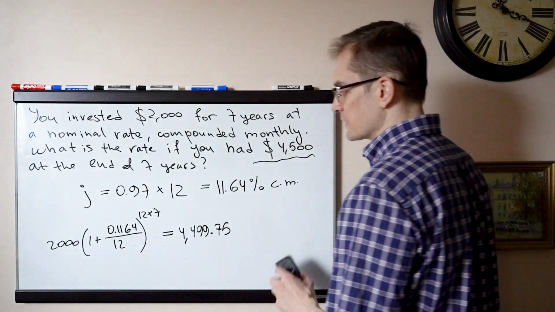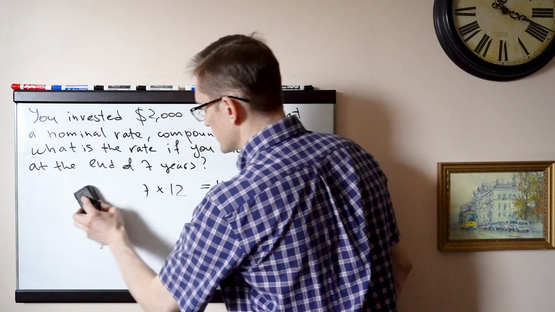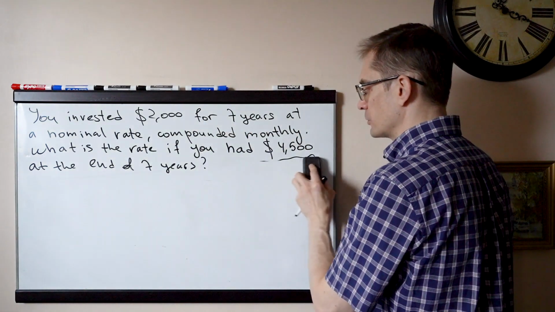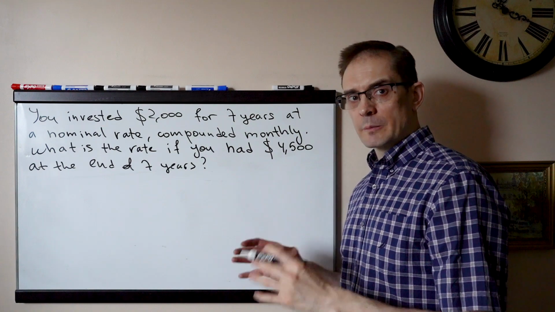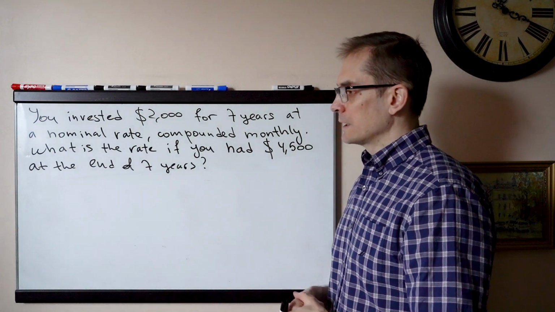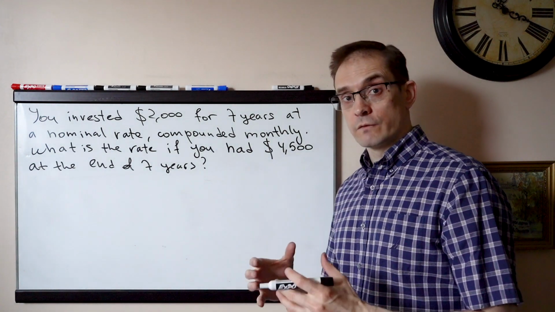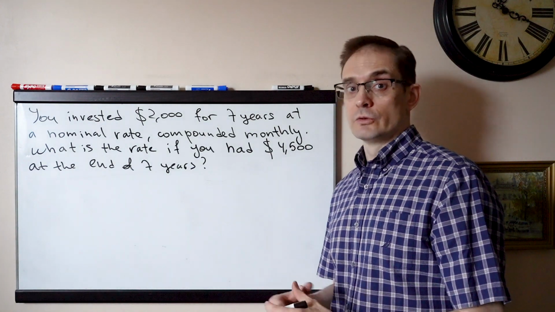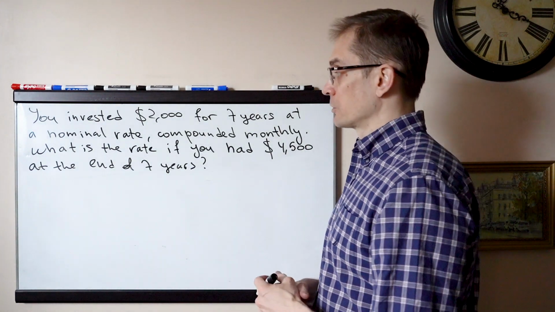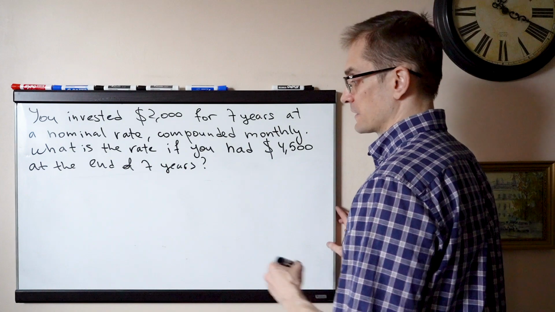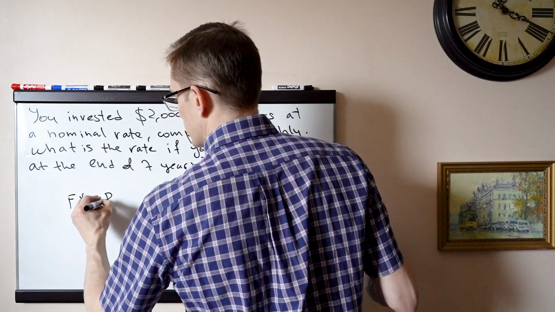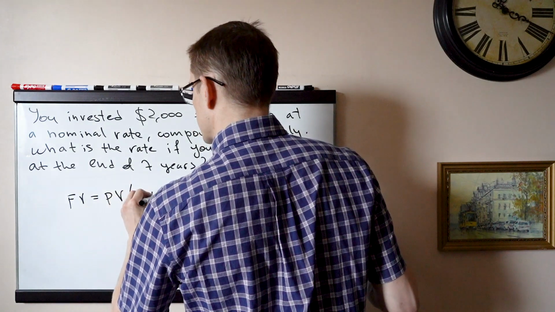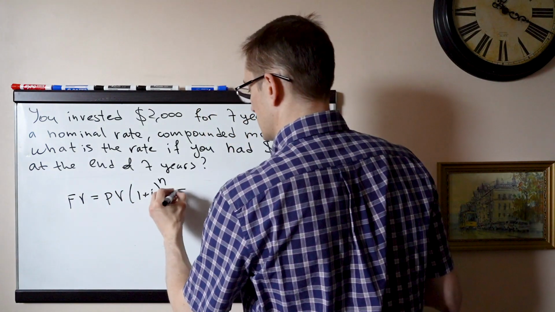Now, let's use the solution to this problem to analyze how we could simplify these types of solutions in the future, and how we could find a formula to save time on problems like this. We will do the same thing. Future value is present value times (1 plus I) to the n.